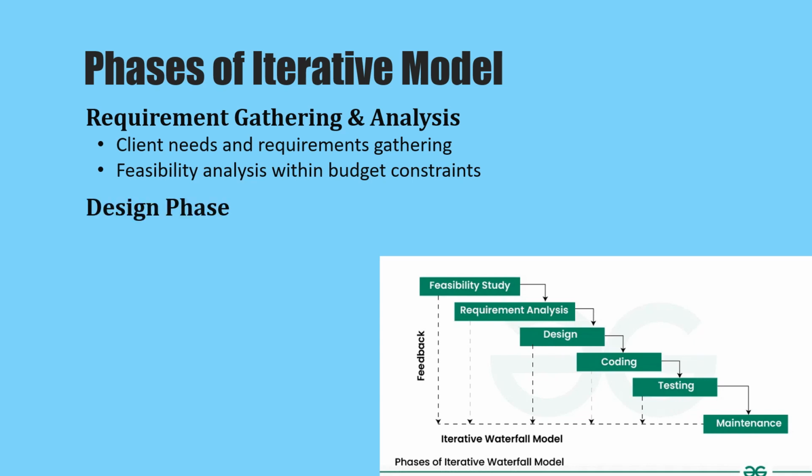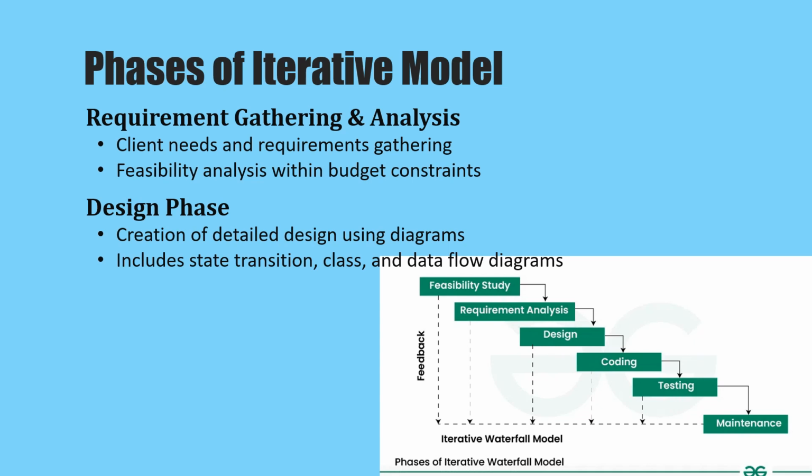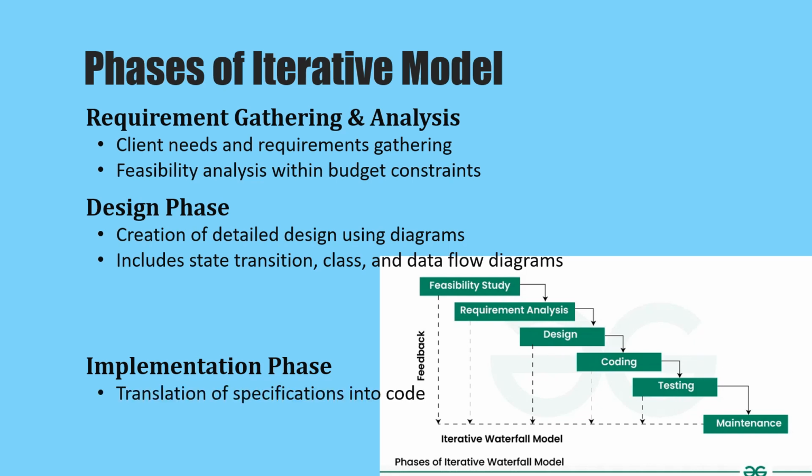The design phase involves creating comprehensive design specifications using various diagrams to visualize software structure and functionality. Implementation phase. During implementation, specifications are transformed into code using selected programming languages. This phase focuses on actual software development based on design specifications.